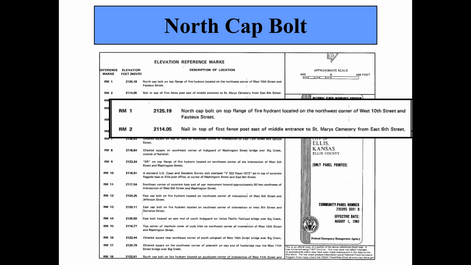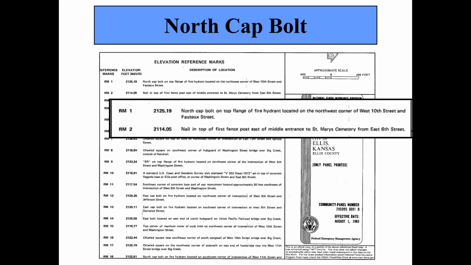This is an older style map for the city of Ellis, and this was updated last June. So this is not their current effective map anymore, but it used to say, you know, reference mark 1, and you have a flange of fire hydrant located on the northwest corner of this intersection, and then the other one is a nail in a fence post.